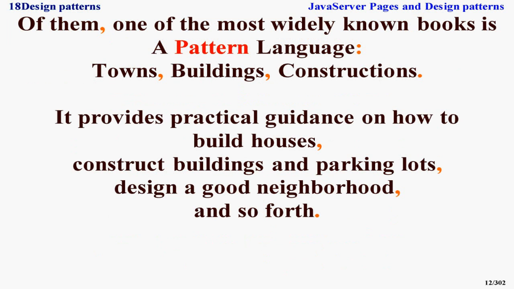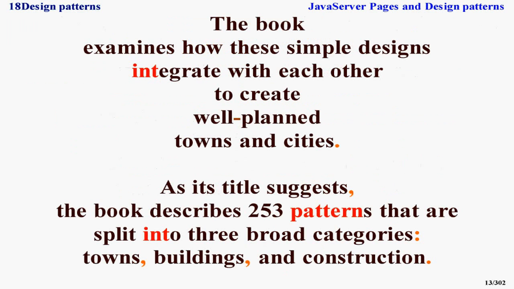It provides practical guidance on how to build houses, construct buildings and parking lots, design a good neighborhood, and so forth. The book examines how these simple designs integrate with each other to create well-planned towns and cities. As its title suggests, the book describes 253 patterns that are split into 3 broad categories: towns, buildings, and construction.